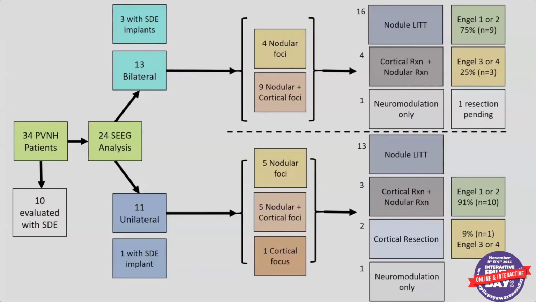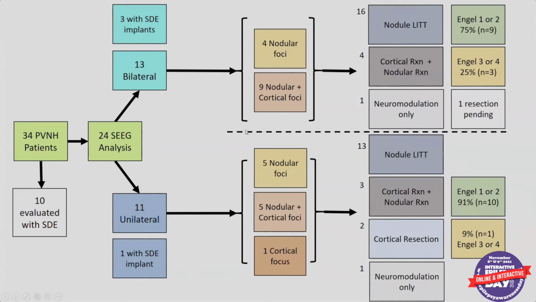So we've done this successfully for a very large number of patients with periventricular nodular heterotopia. We have 34 patients that we've fully treated so far. 10 were evaluated and treated with the older technique of subdural grid evaluations, and 24 have had the SEEG combined with either a resection or a nodular ablation.